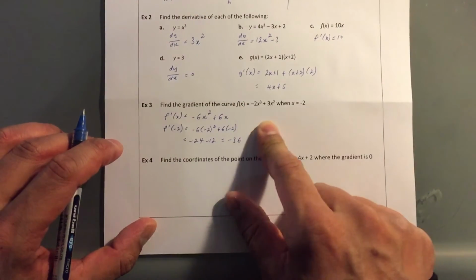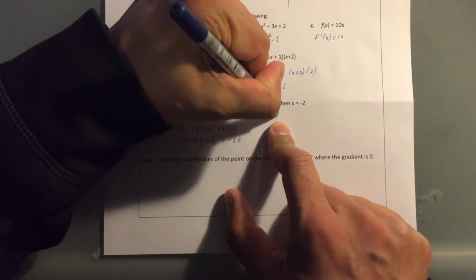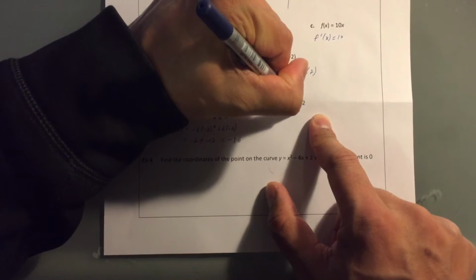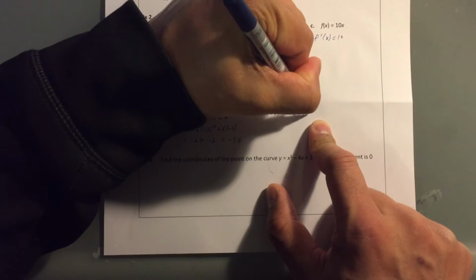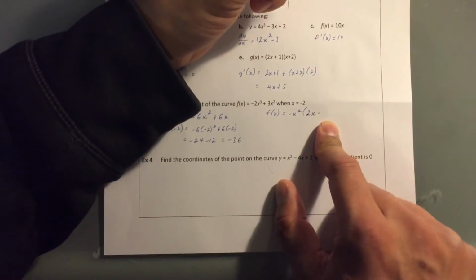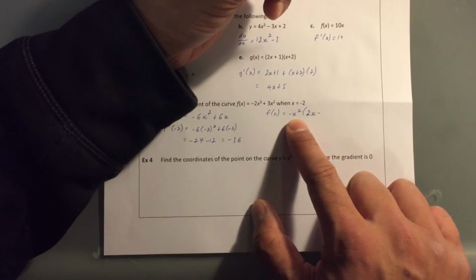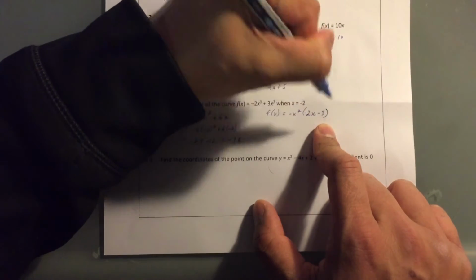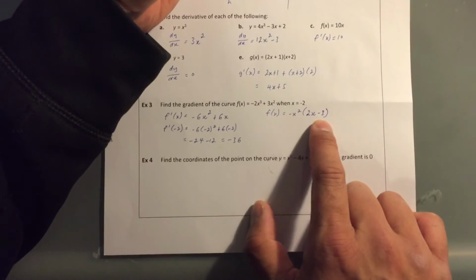Now, what is this really doing? Let's say if I graph this curve. If I took out a common factor of negative x squared, I'd be left with 2x take 3, because that's negative 2x cubed plus 3x squared.